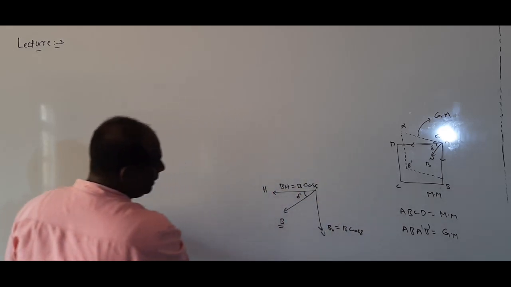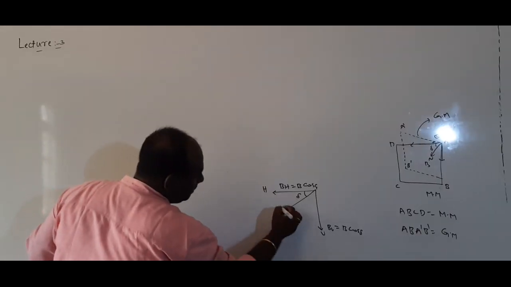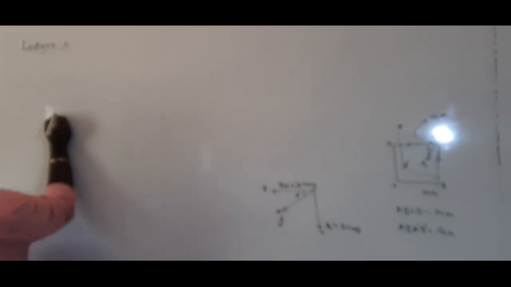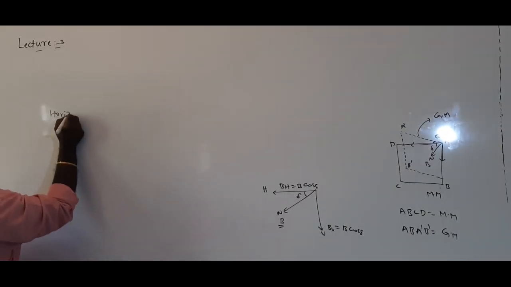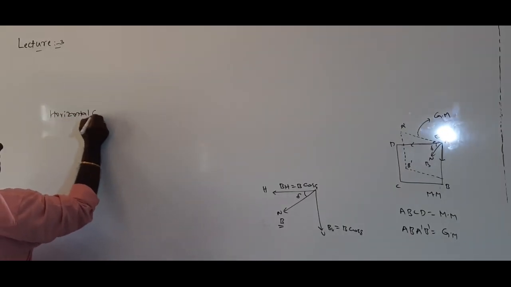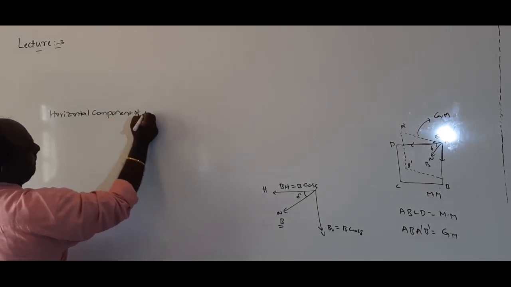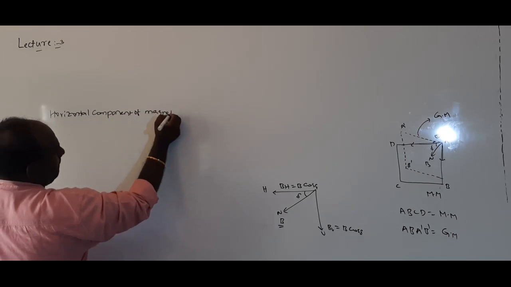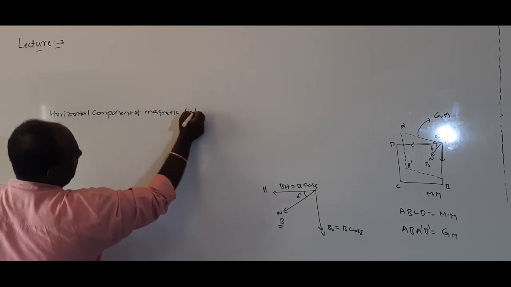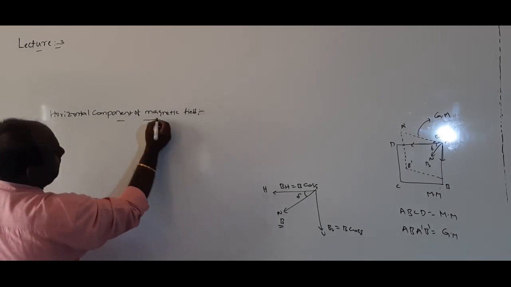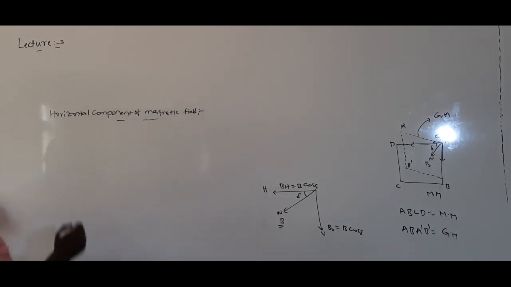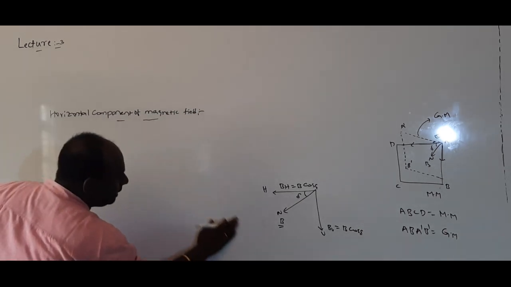The magnetic needle rests in this direction, north pole in this direction. BH, horizontal component of magnetic field.